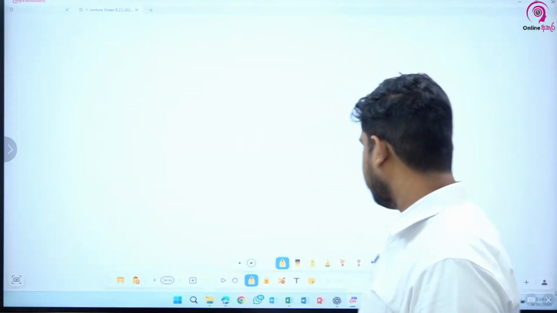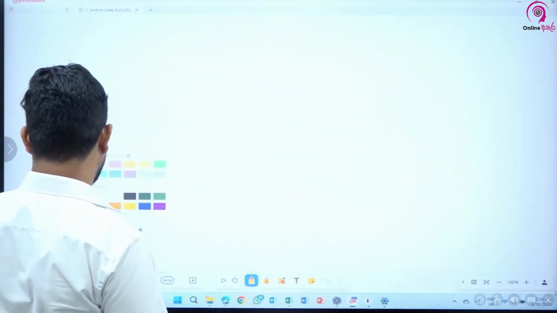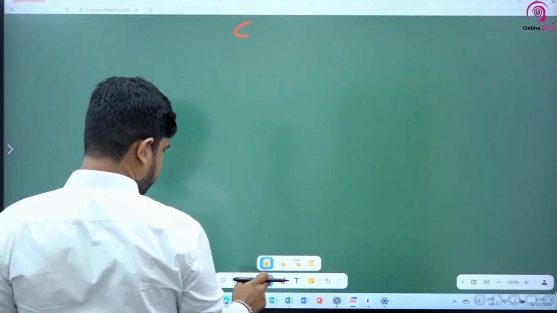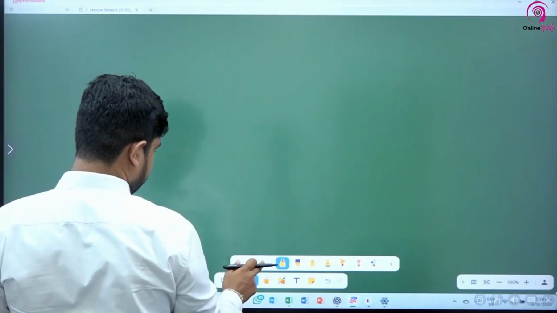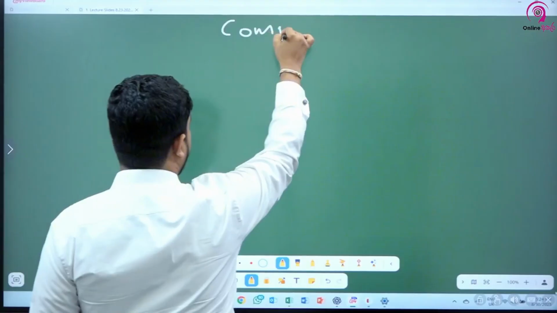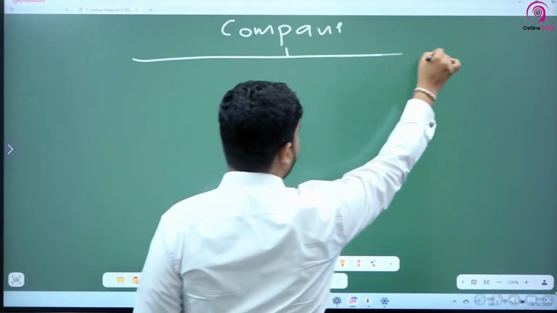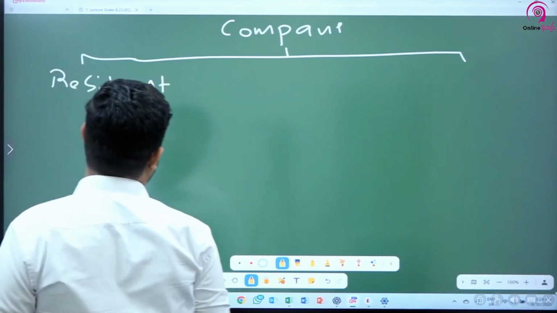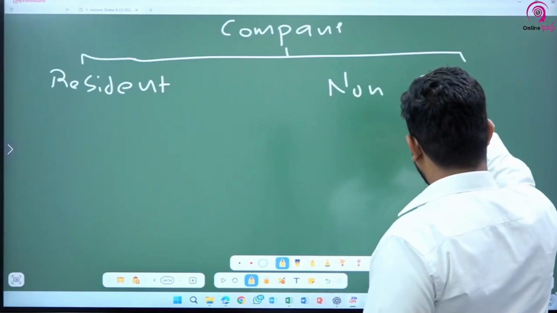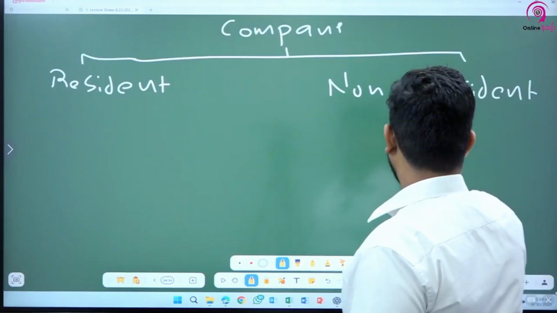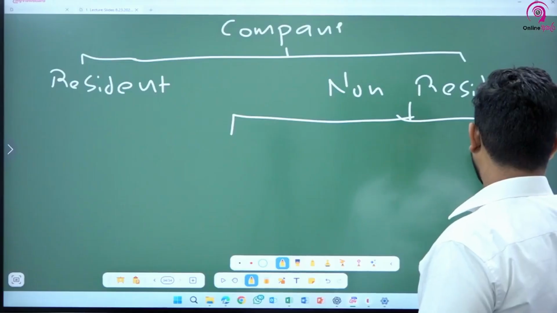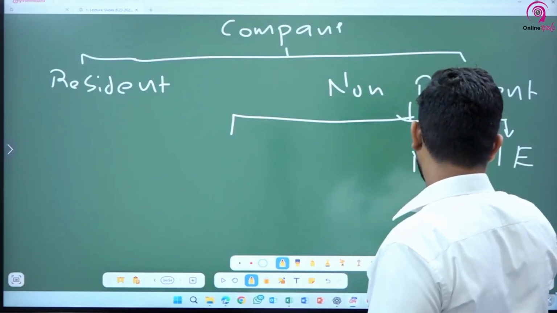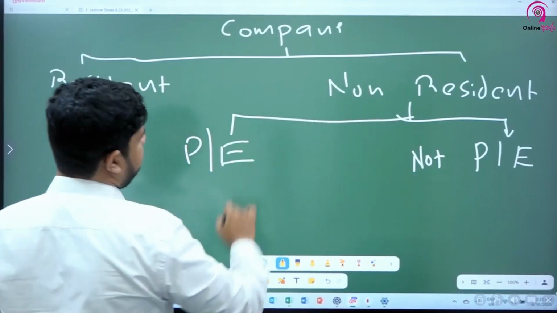I'll write it again because it's very important to understand the concept clearly. Company. Resident, non-resident. Then you look at whether it is a PE or not a PE, right?